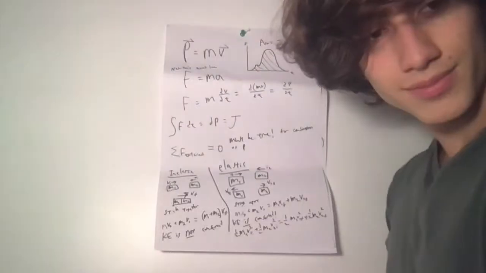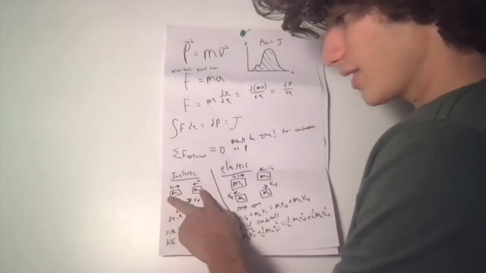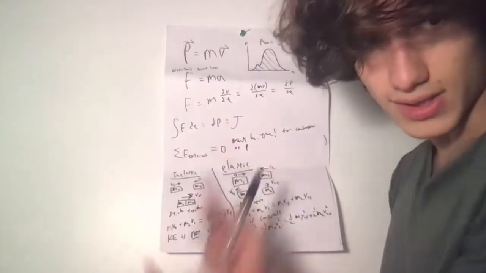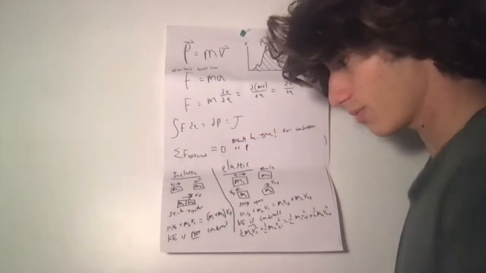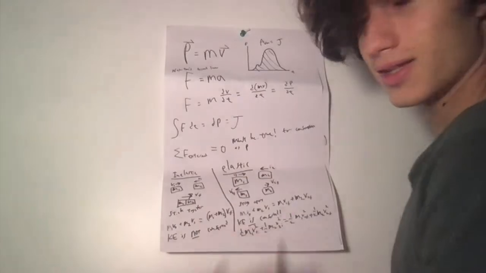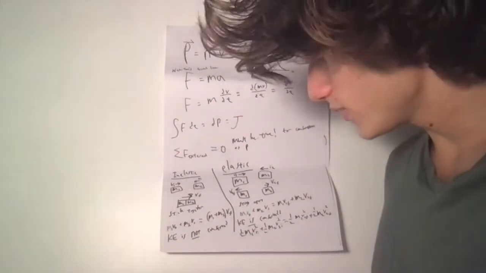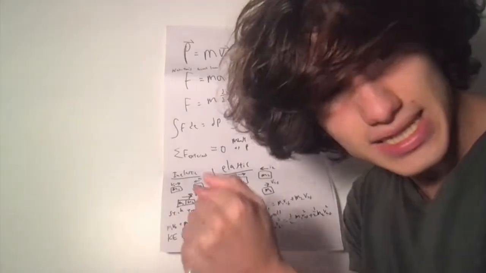Inelastic collisions. We've got two masses, m1 and m2, going at each other at two velocities. It doesn't really matter for our purpose right here. They collide. Now, since this is an inelastic collision, what we will see is that the two masses stick together.